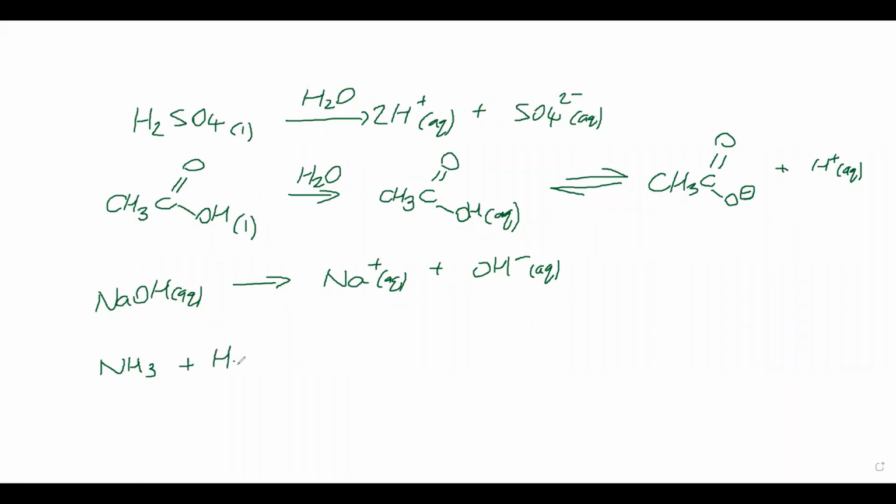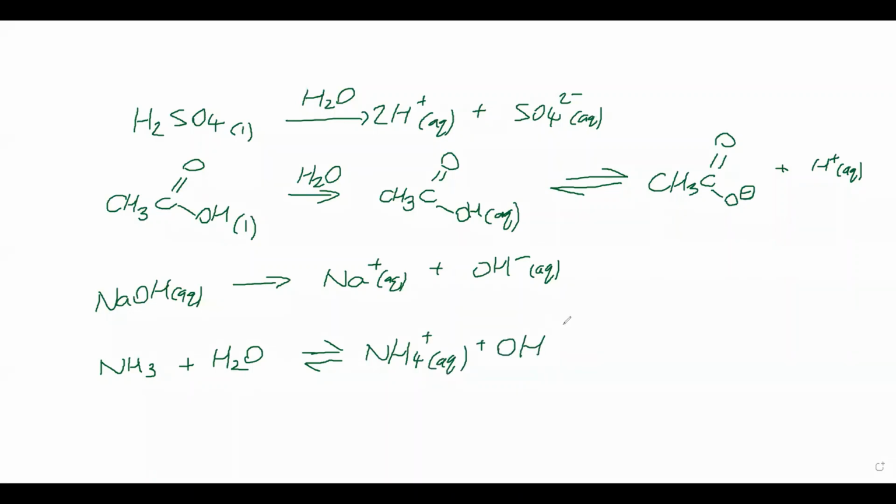Now, ammonia isn't a strong enough base to actually take protons from water wholly, like it doesn't happen fully. And so this should be an equilibrium arrow as well. The ammonia takes a proton from water to form ammonium, so NH4+ and OH-.